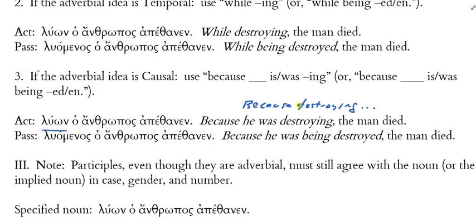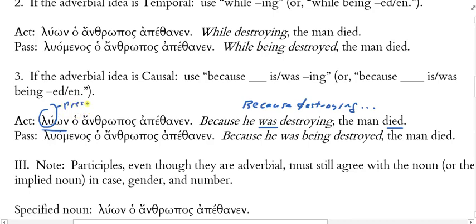Now, I put here, because he was destroying. Why did I choose the past tense? Because he was destroying. What do you think? Exactly, because the main verb is past. Notice which stem I am using here? In luon, that's the present stem, isn't it?